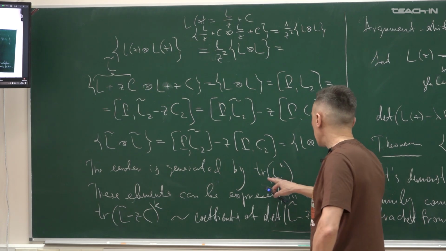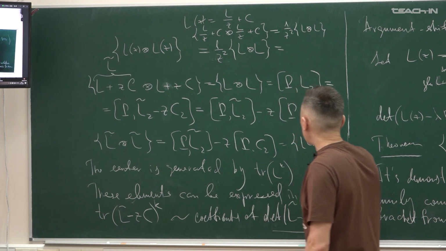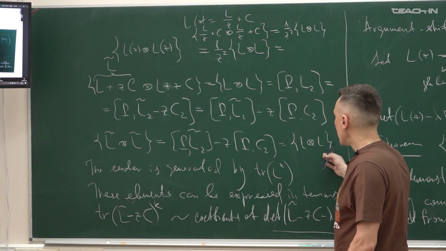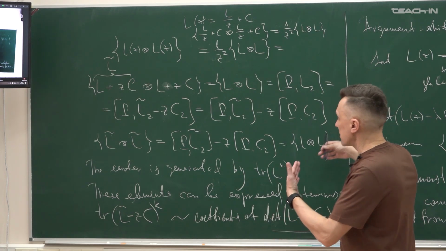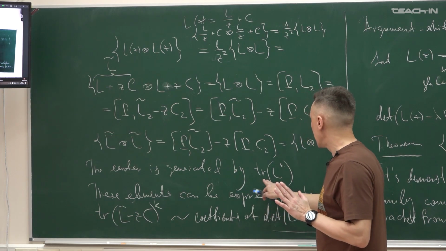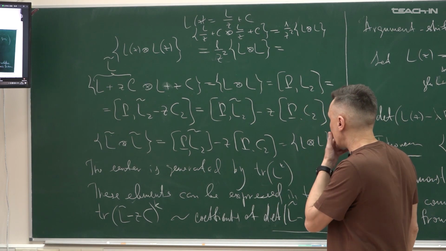We know that this Poisson structure is just the standard Poisson structure in terms of L. So we know how its center is organized. It is generated by such spectral functions on a parameter L.